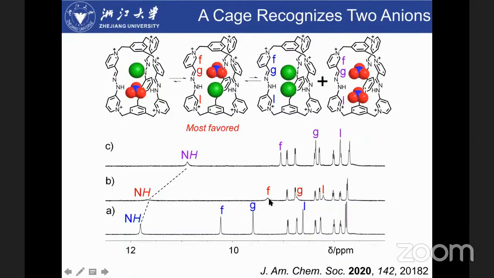You can see this F is pretty close to this one, and is very different from this species here. So which means we can get a double selective heterodimer complexation in the middle of the cavity of the cage.